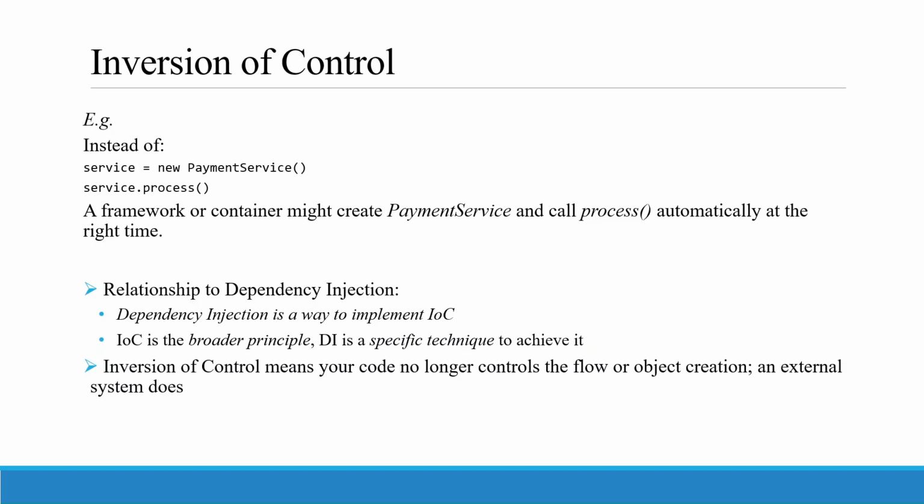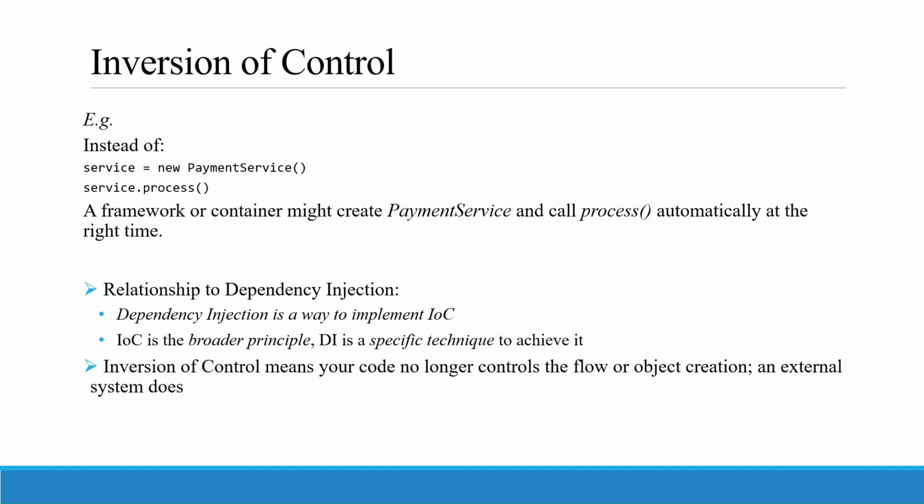Okay, so here we create an object of type payment service and then we execute the method process. When we use inversion of control, a framework or container creates the payment service object for us and then calls the process method automatically at the runtime. Okay, so basically we are not the ones who create the instance of the object and call the method process. We have a framework that does this for us.